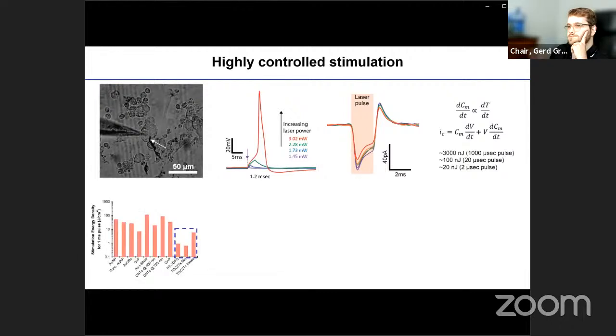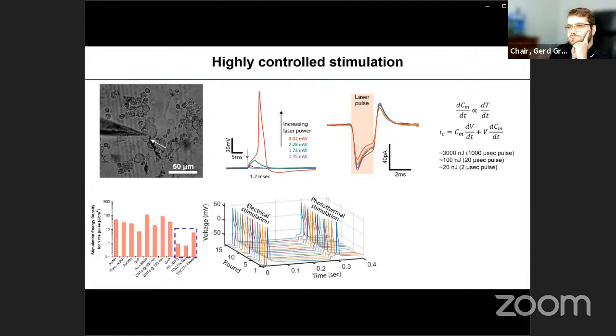If you compare our materials, basically NT3DFG and MXene, again, this will be published in the next few weeks, you can see that the energy needed to get an effect is a lot lower than the rest of the materials that are being used. This is highly reproducible stimulation when you use NT3DFG. This is just 15 consecutive pulses with the ground truth of electrical stimulation and photothermal followed afterwards.